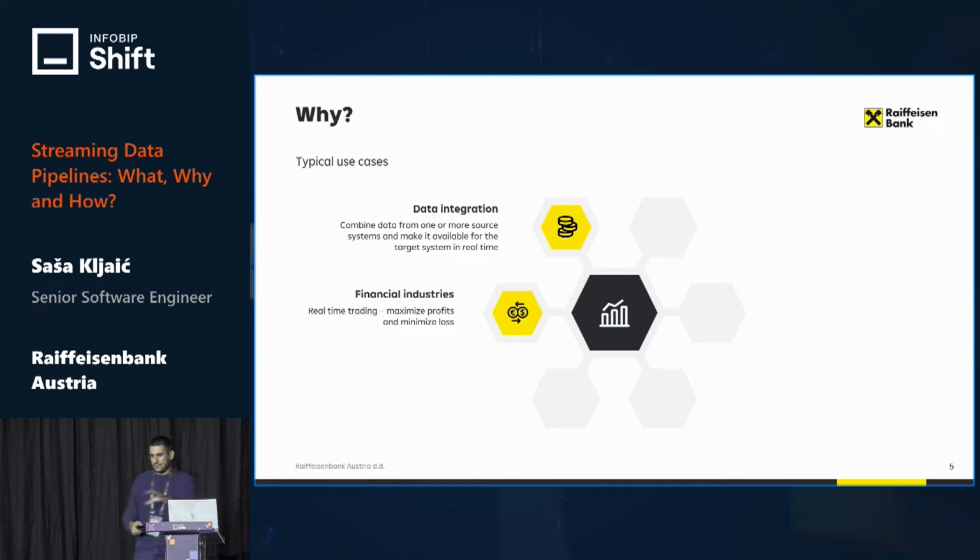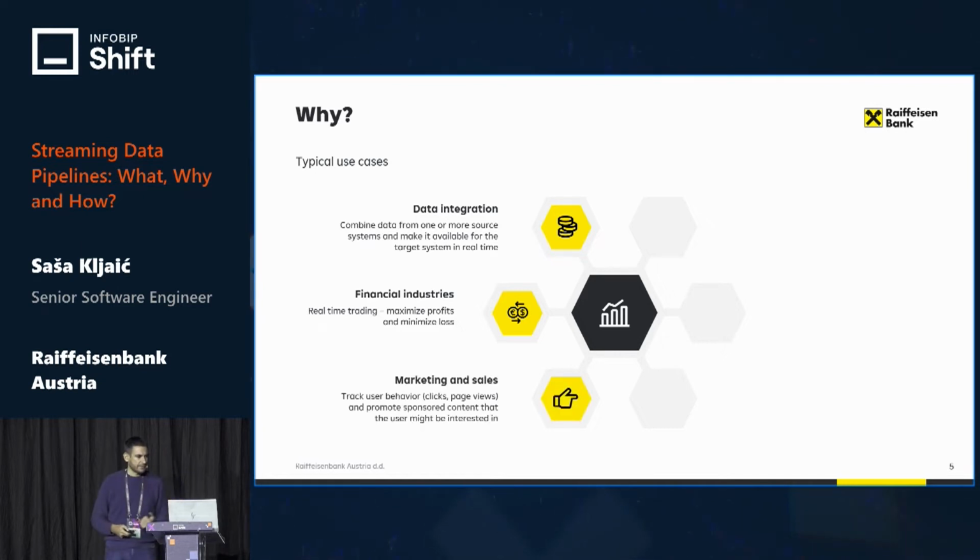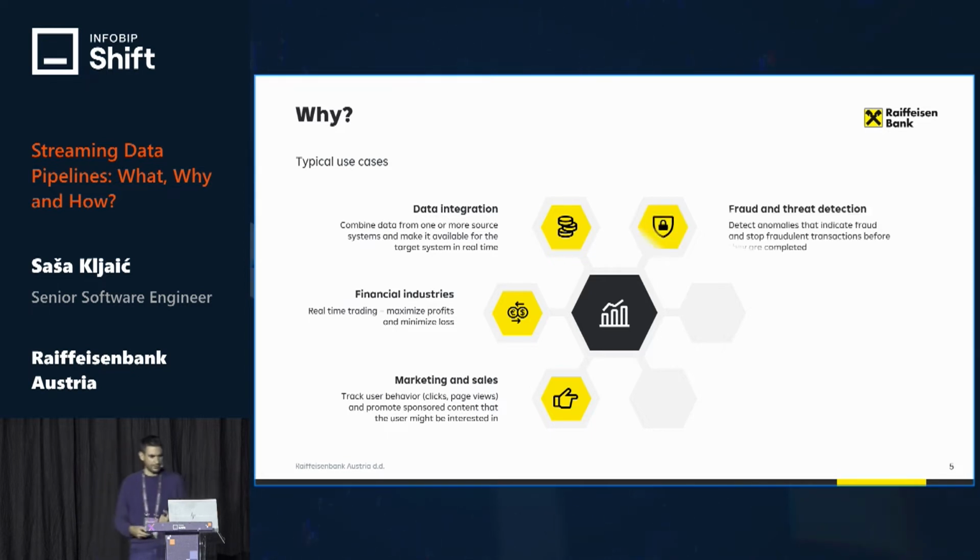Some other specialized use cases of streaming data pipelines. Financial industries and real-time trading, where the difference between acting on the data now and acting several minutes later could be huge in terms of profits or loss. Marketing and sales, where you receive a large number of events about user activity, and then based on these events and historical data, you want to promote some content that is relevant to this user.